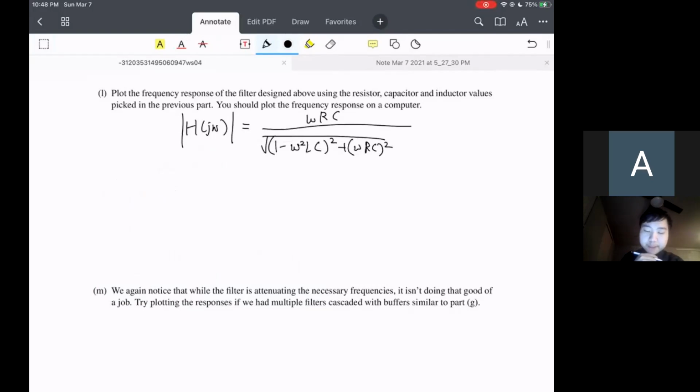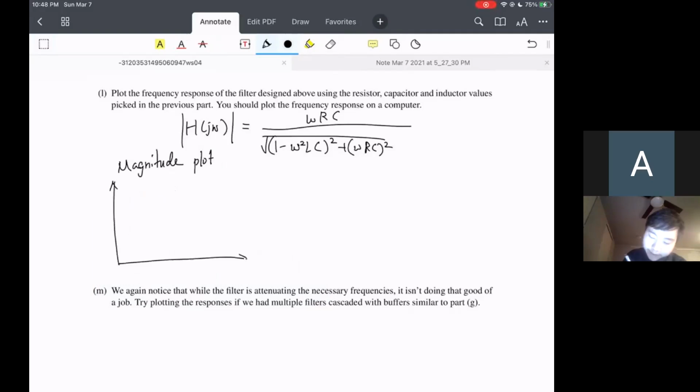So the magnitude plot, again, we're not going to be using a log scale or a semi-log scale. Everything, the axes are just going to be linear. Okay. So we have a magnitude plot. We have the omega, and where you have the magnitude of the transfer function.